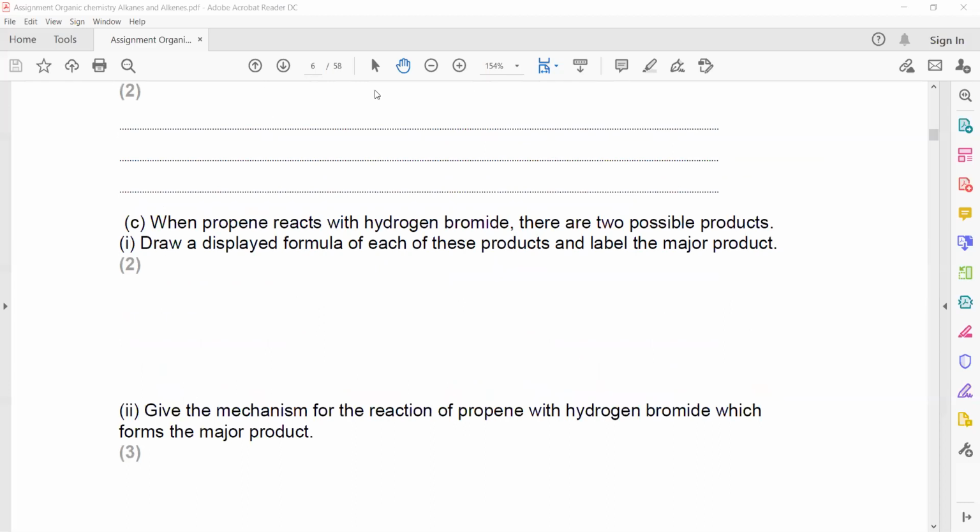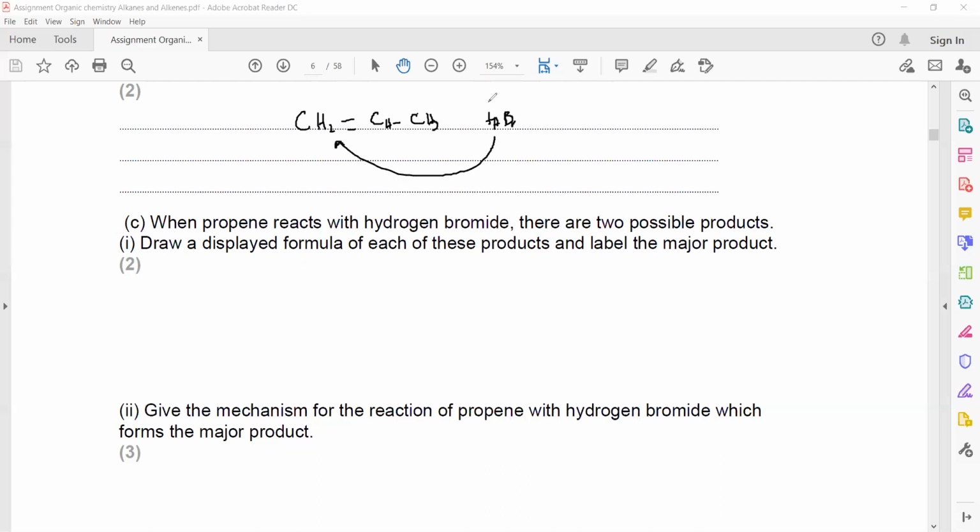Look, when propene is there, if I draw the structure first for propene, we have to complete the product. So prop means 3 carbons, so CH2, CH and CH3 reacted with hydrogen bromide, HBr.